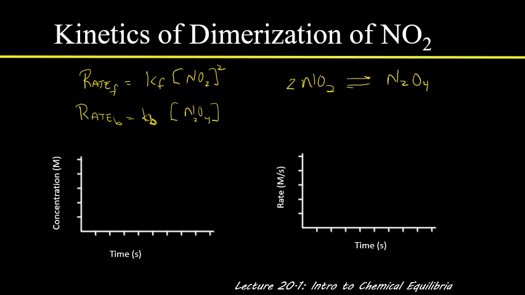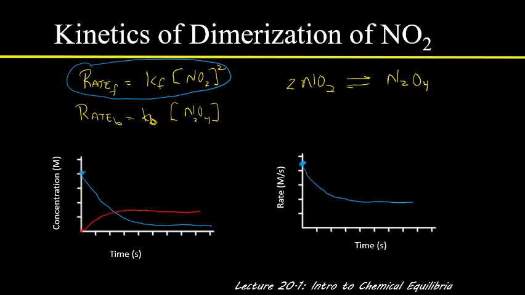So what happens is if we look at the conversion reaction, the NO2 concentration decreases and the N2O4 concentration increases. And so again, the rate for the forward reaction, since it's proportional to the concentration of NO2, initially is going to be very high, but will gradually decrease.